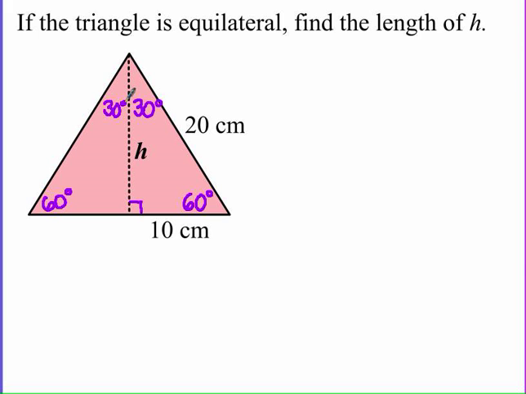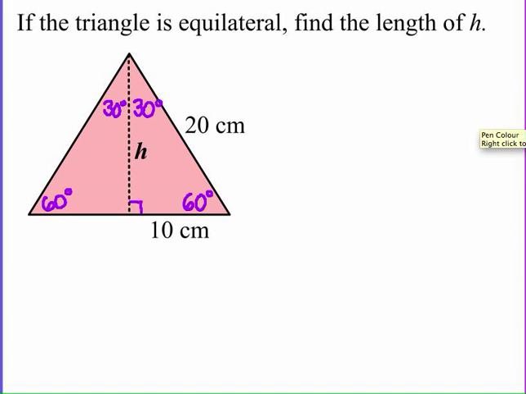What's one way? Pythagorean theorem. Okay, that's one way. The other way is to recognize that's a 30, 60, 90 triangle, in which case those sides have a certain relationship that we learned about last year. Okay, so that's probably the easiest way if you can remember what the relationship is. The side opposite 30 is always half the hypotenuse.